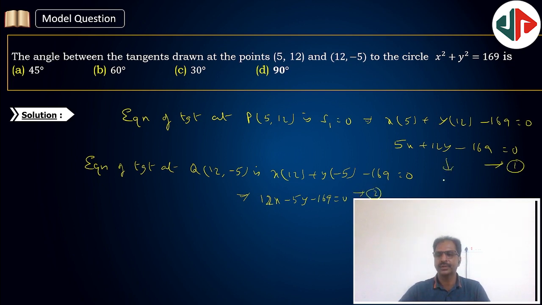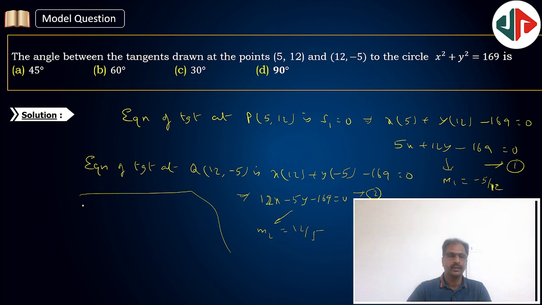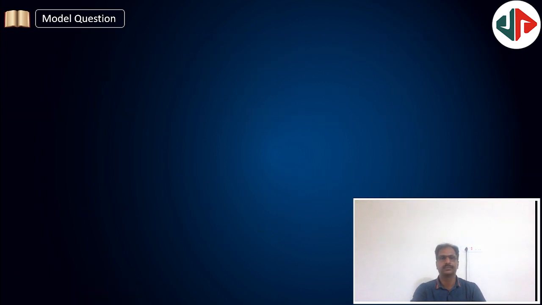What is the slope of this tangent? Minus 5 by 12. What is the slope of this tangent? 12 by 5. M1 into M2 will be minus 1, and hence the angle between the tangents is 90 degrees. Option D.